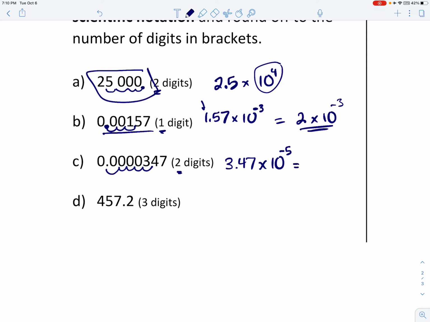Well, we needed only 2 digits in the answer, so let's round it off. Instead of 3.47, which has 3 digits, we'll call it 3.5 times 10 to the negative 5.